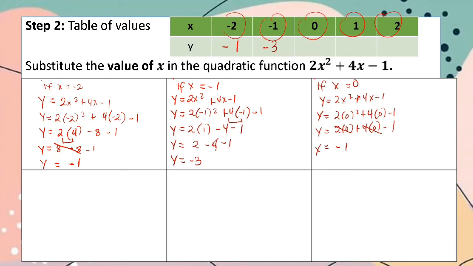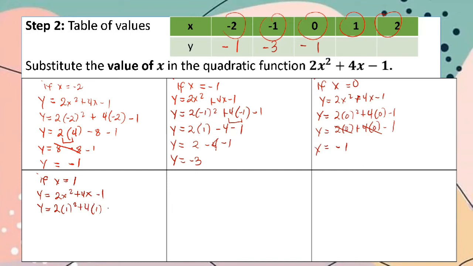So, negative 1. Proceed tayo if x is equal to positive 1. If x is equal to 1, then y is equal to 2x squared plus 4x minus 1. So, y is equal to 2 times positive 1 squared plus 4 times 1 minus 1.